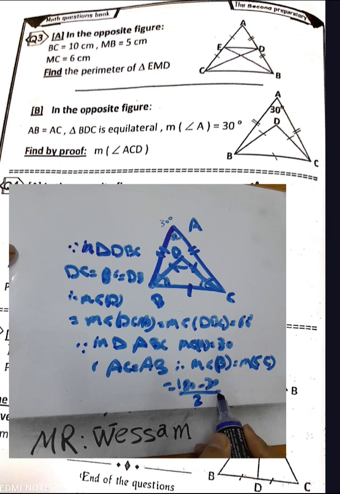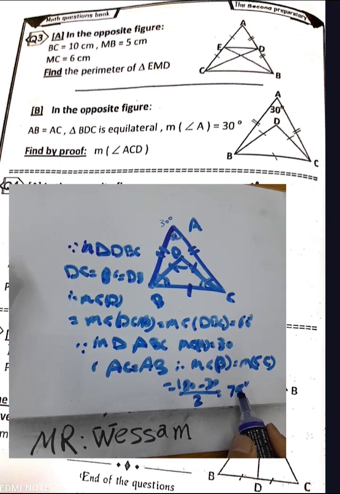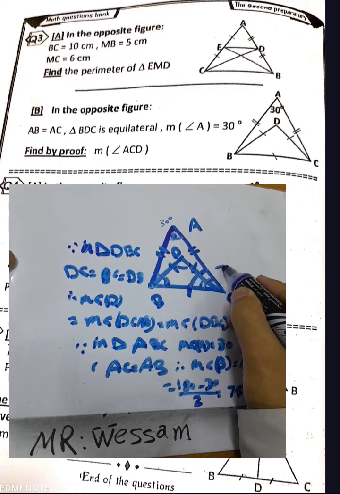It will be 150 divided by 2 equals 75. Then the measure of angle C here will be 75 degrees.